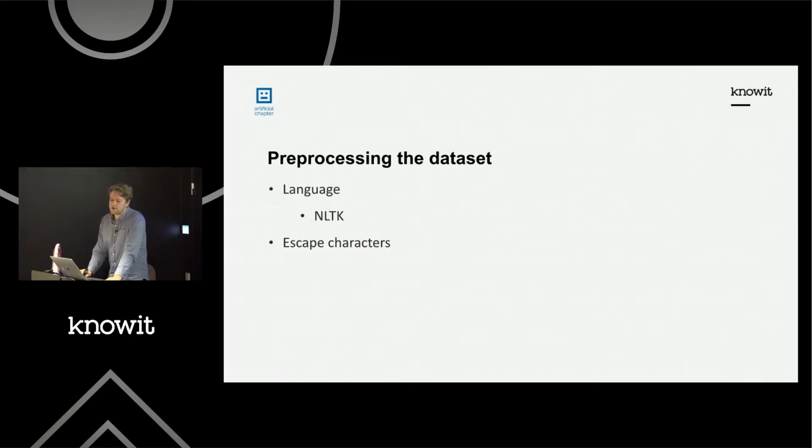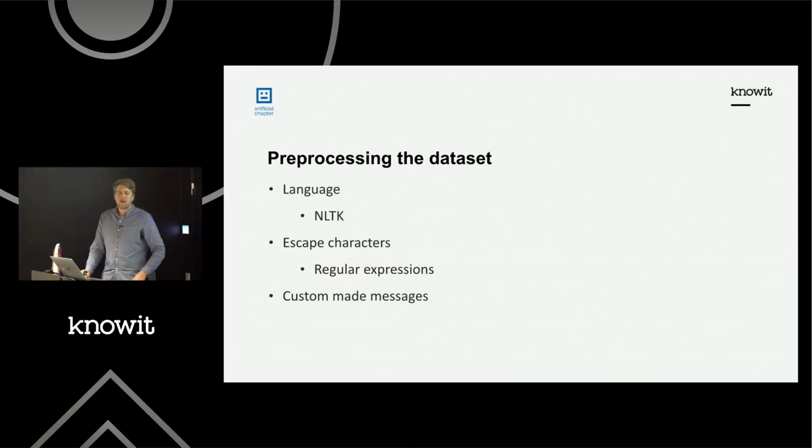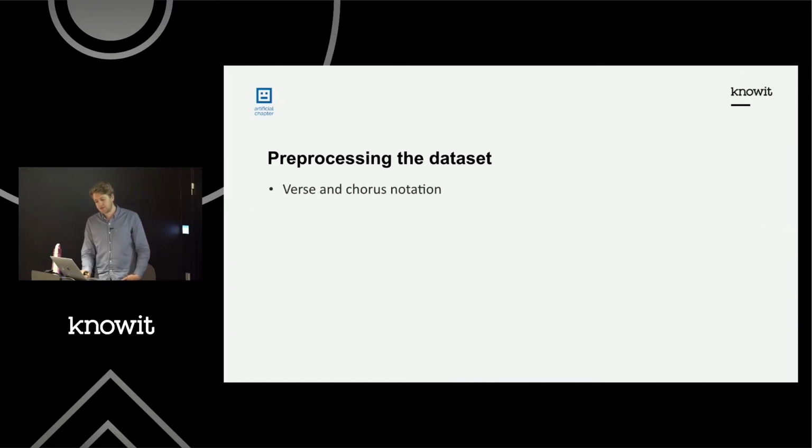There were also a lot of escape characters because I just scraped websites, right? So there's a lot of junk escape characters. I had to use regular expressions for that. Also a lot of custom-made messages, such as "thank you, Malte111, for submitting this song to the lyrics database." So I had to remove those too. It was a lot of manually looking and regular expressions.